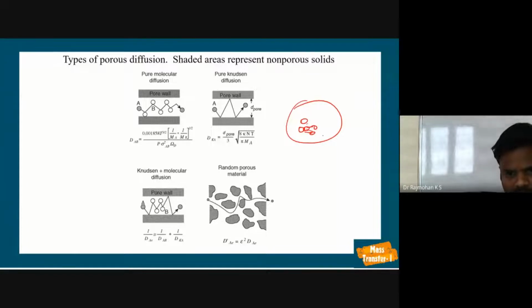If you have a large pore, the probability that one atom of A collides with another atom of A is greater, because it is surrounded by so many molecules. So the probability that it will collide with a neighbor atom rather than the pore wall is lower when you have a large pore diameter.